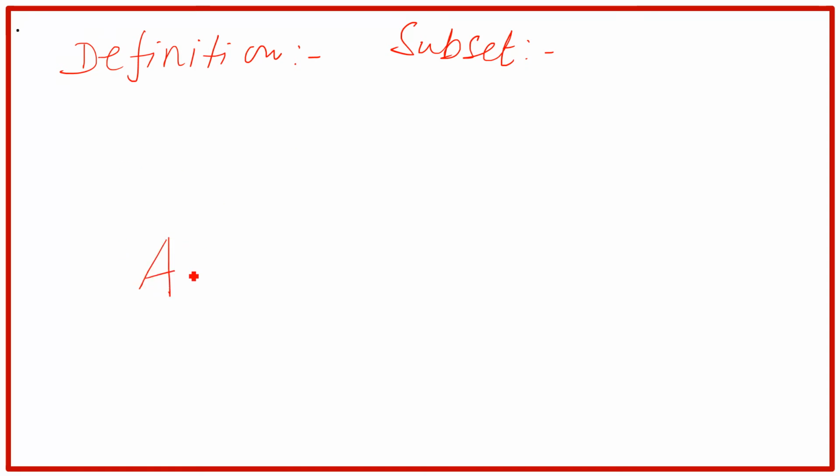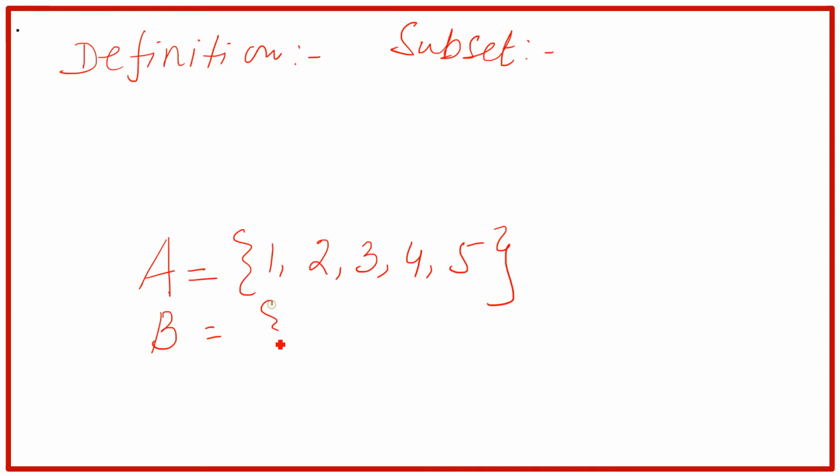Suppose we have set A and it has 1, 2, 3, 4 and 5. These are the elements of A. We have another set B and we have suppose 1, 2, 3, 4 and 5.